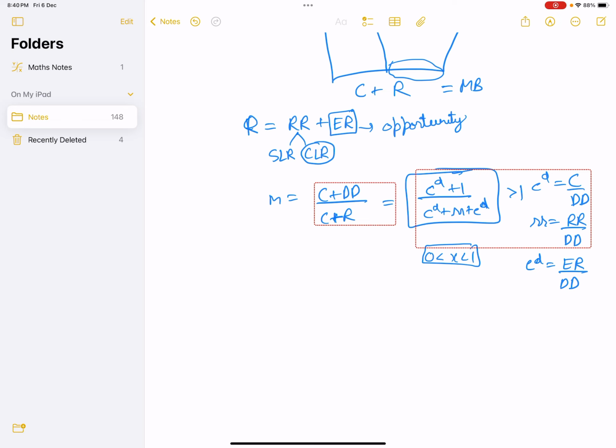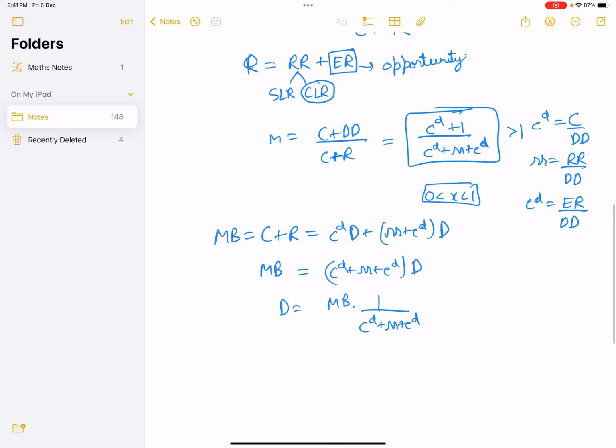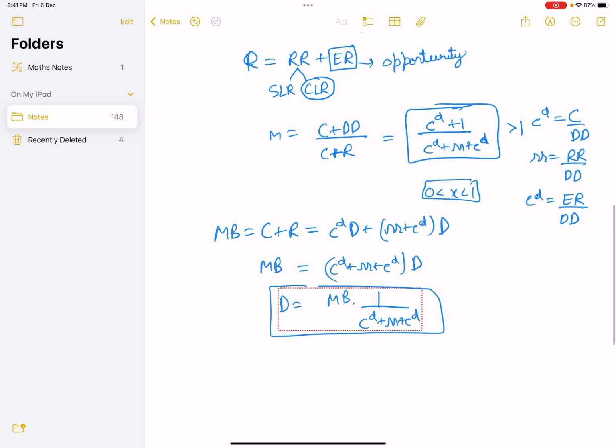Now, the monetary base is C plus R, which equals CD into D plus RR plus excess reserves into D, which is nothing but (CD plus RR plus ED) into D. So the deposit multiplier is the monetary base into the multiplier; this is the demand deposit multiplier.